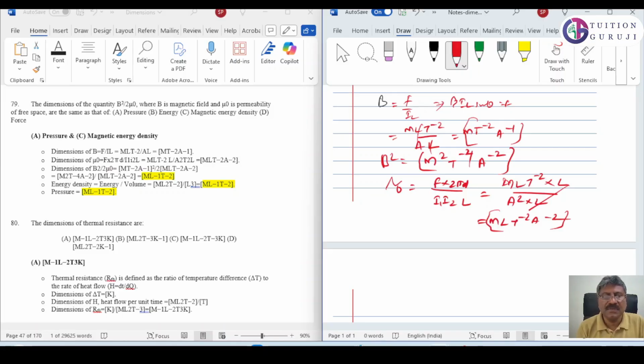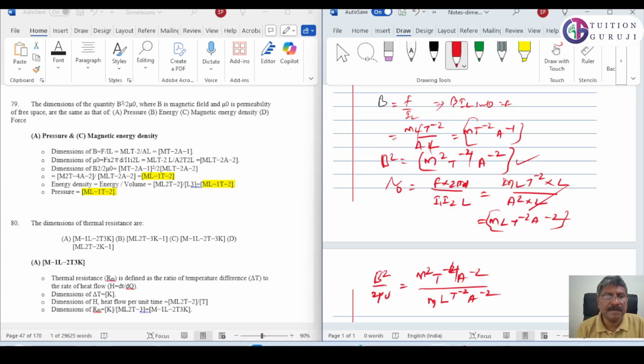So B square by 2 mu 0. We have got B square here. B square is actually M square T raised to minus 4, A raised to minus 2, divided by mu 0. Mu 0 is equal to M L T raised to minus 2 A raised to minus 2.